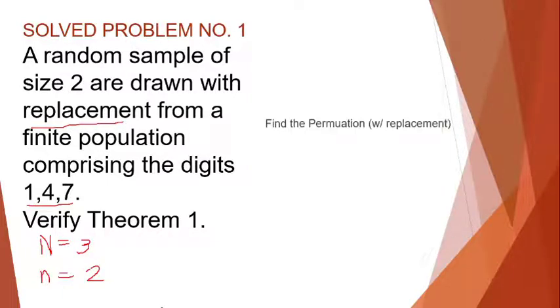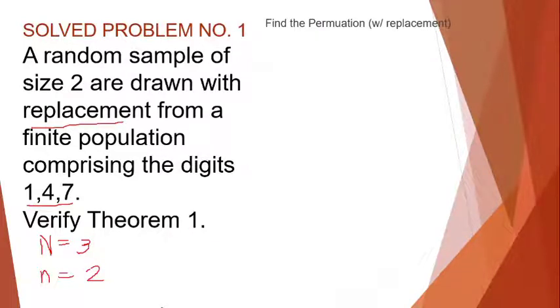Find the permutation. Typographical error. We are with replacement. So, the permutation of 3 taken 2 at a time.